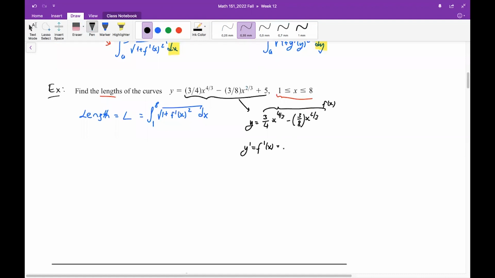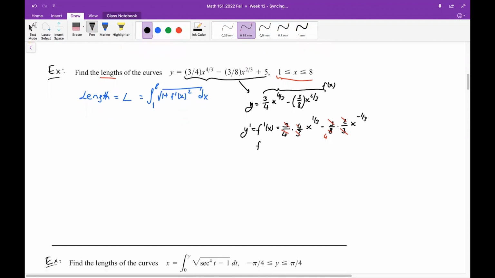You can easily derive it. 3/4 times 4/3, then you subtract 1 from the power, x^(1/3), minus 3/8 times 2/3, subtract 1 from the power like this, and then you have very nice simplifications, as you can see.